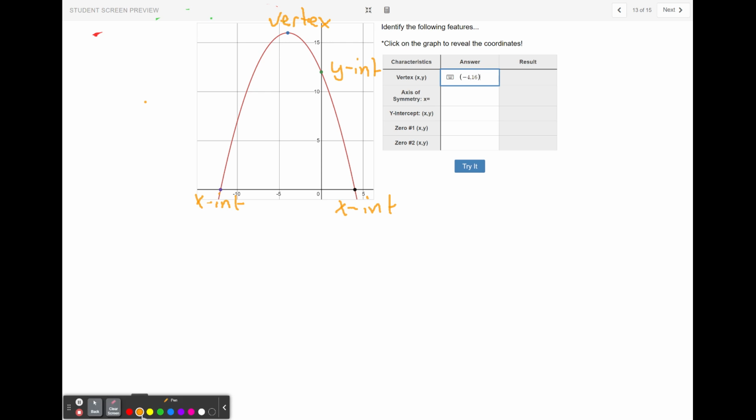From the previous slide, we just learned that the axis of symmetry is the x value. So in this case, it's going to be x equals -4. Y-intercept is where the graph touches the y, which is 0, 12.